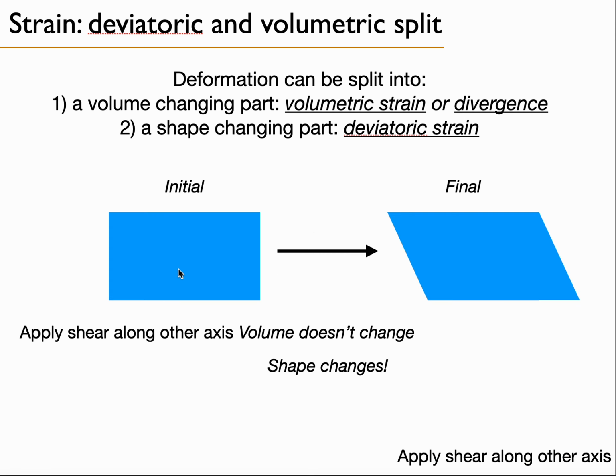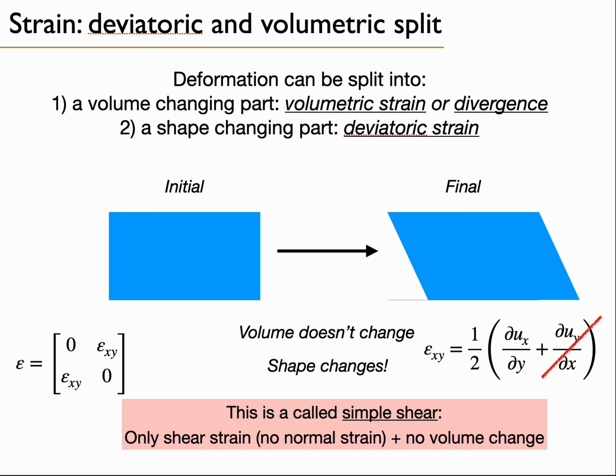Another type of deformation would be changing our rectangle into this shape here. So it means that we apply a shear along an axis. There is no volume change and there is a change of shape. To do this, we involve the shear strains, and remember, these are derivatives of displacement, for example, ux with regard to y.